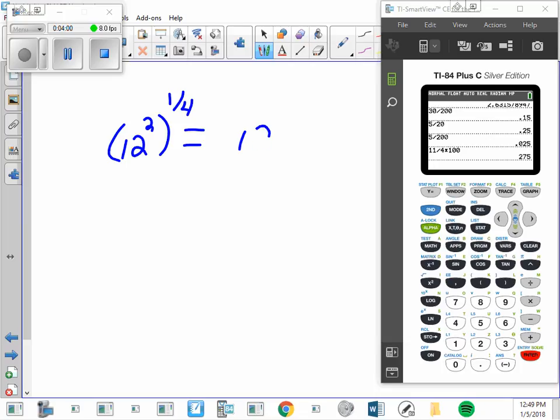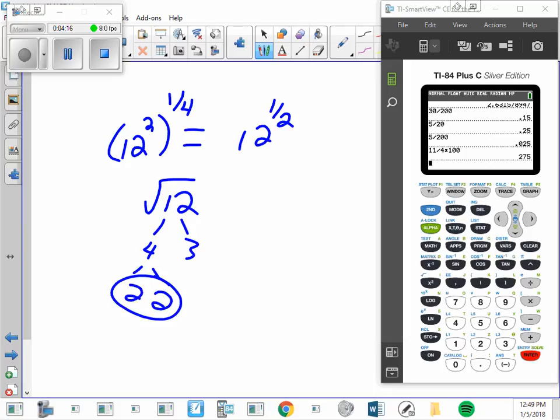So this is 12 to the 1/2. But the 1/2 power is really just the square root. So I take the square root of 12, and I factor it. 4 and 3, 2 and 2. Bring out a set of 2's. 2 root 3. So 12 squared to the 1/4 is equal to 2 root 3.